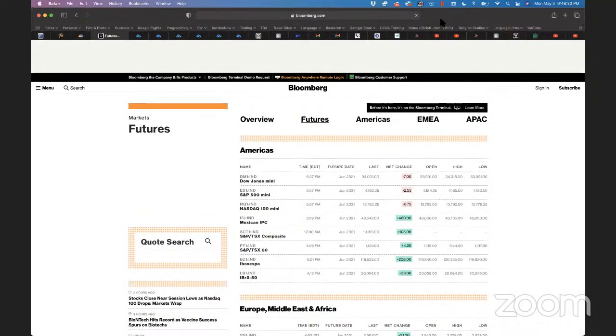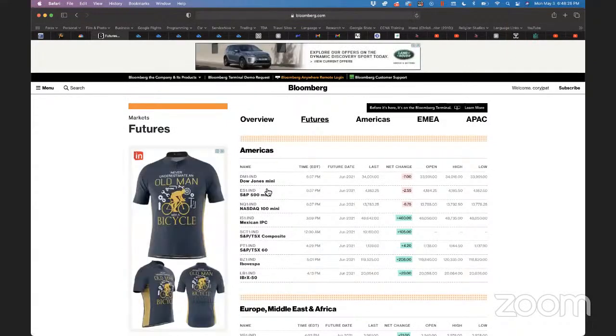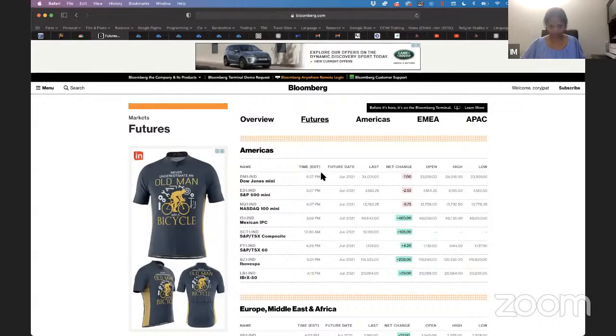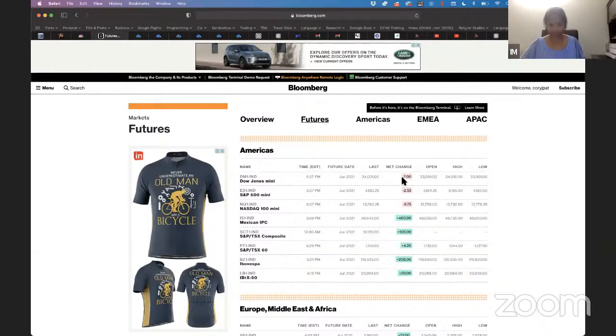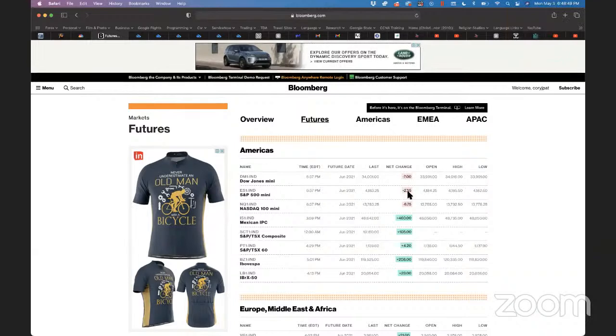It depends. You have to look at the futures compared to where you are on the chart. Right now, looking at the futures, price is basically flat right here. It's 7 negative, 22.5 negative, and 6.7 negative.